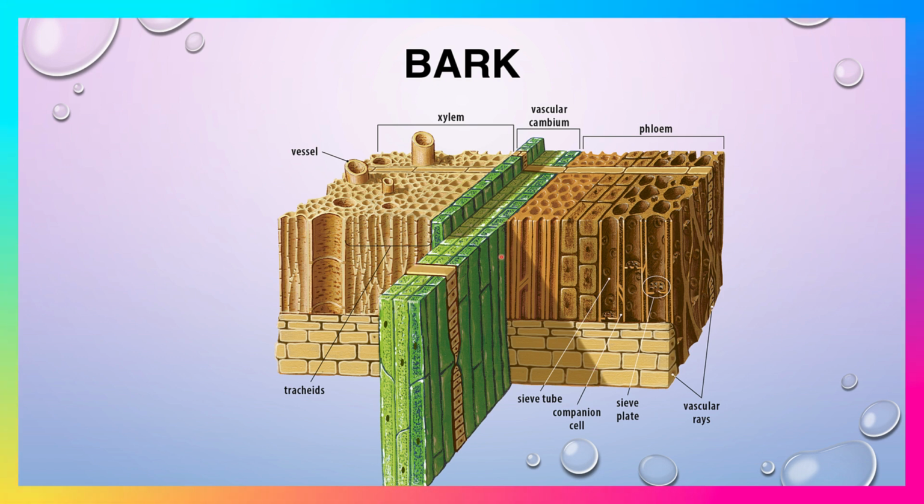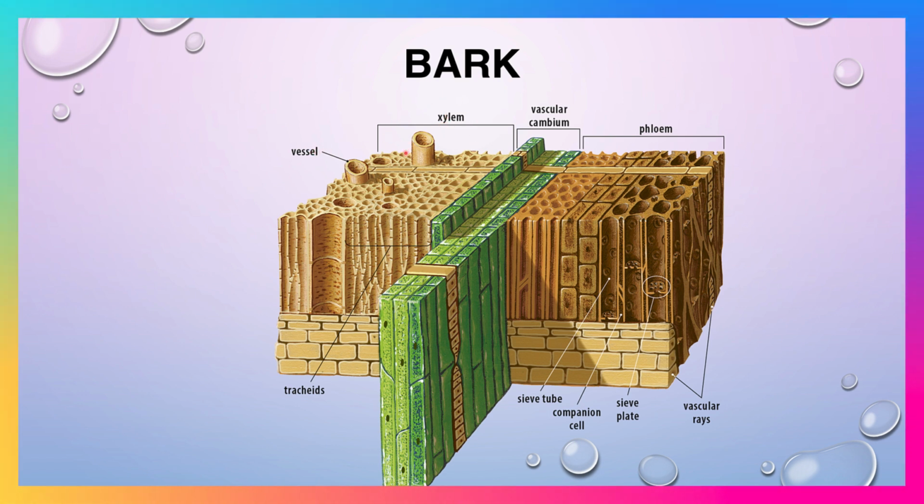And then you see that the central part of the bark is the vascular cambium, which forms the phloem, and then the inner part of the bark is the xylem. Remember, the phloem carries sugar and nutrients down from the leaves, where the xylem carries water and minerals up from the roots.